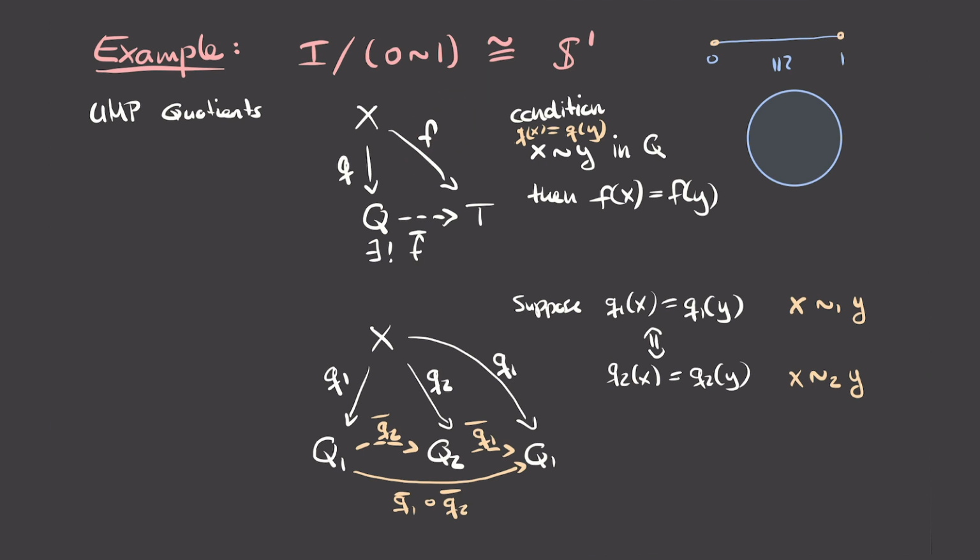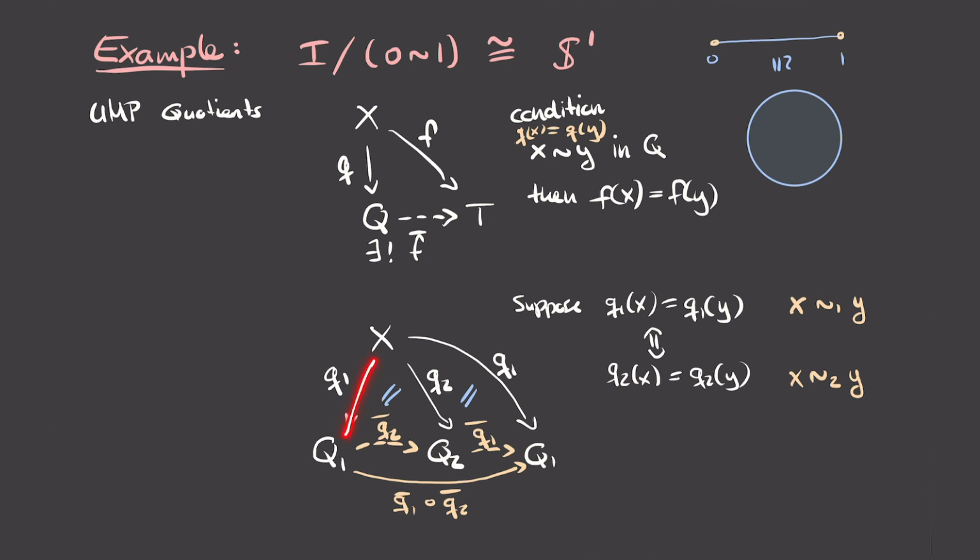Now, because Q2 bar was obtained via the universal property, it'll make this triangle here commute. So that's this map, and then this map is the same as this map. And similarly, because Q1 bar is obtained via the universal property, this triangle here commutes. And now we have two commuting triangles glued to one another.